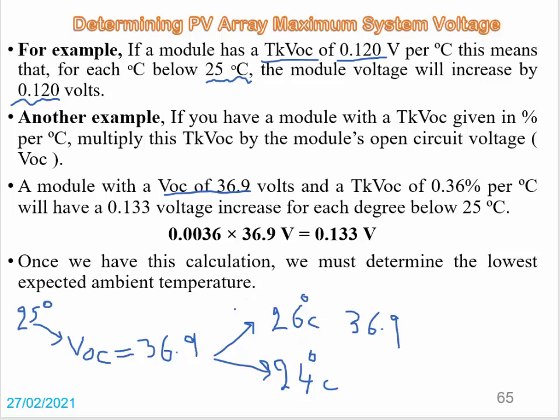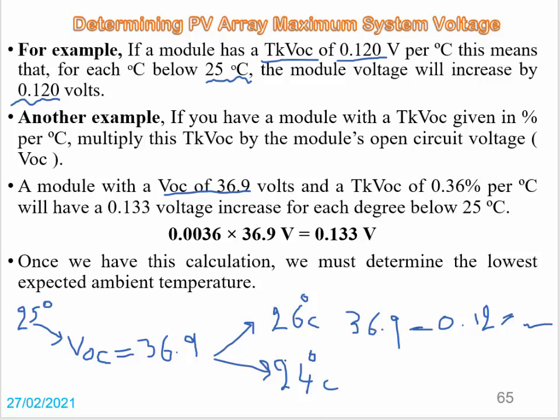If the temperature increases by 1, the voltage decreases, so we say minus. It decreases by the value 0.12, so 36.9 minus 0.12, and we get a number.